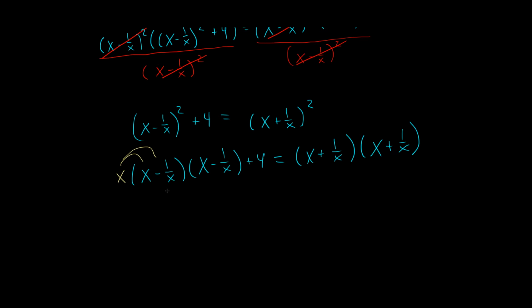But let's think about it. I have an x minus 1 over x here, but then I have another one over here. So in reality, I want to multiply both of these by x. And if you think back to the rules of solving equations, whatever you do to one side, you have to do to the other side, right?